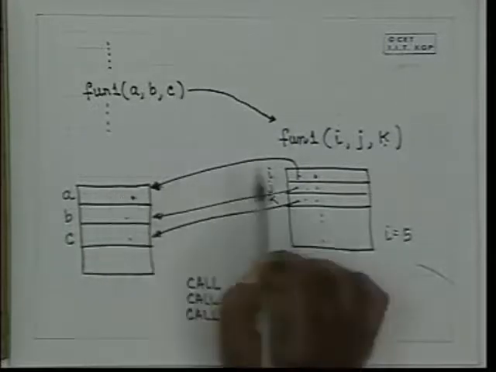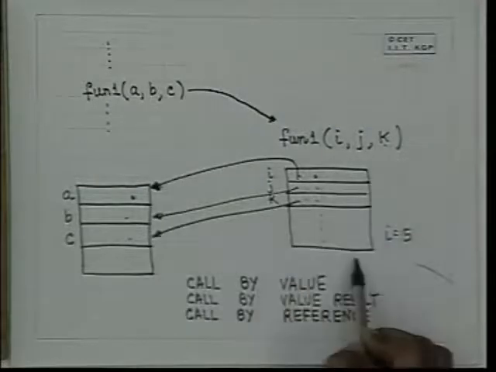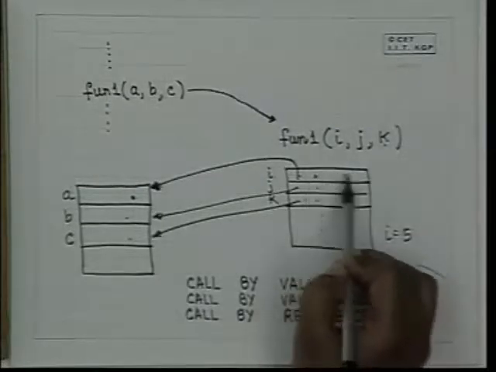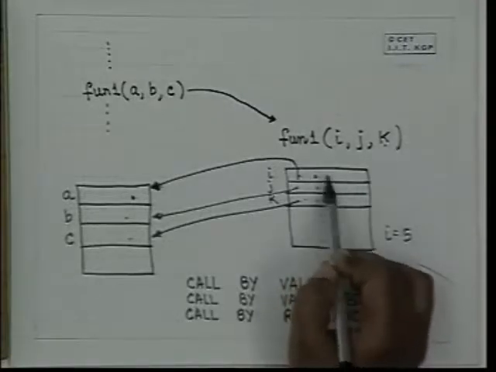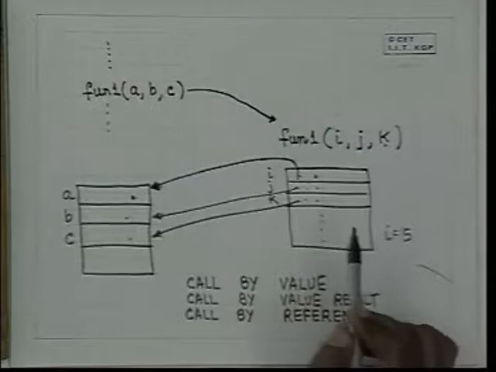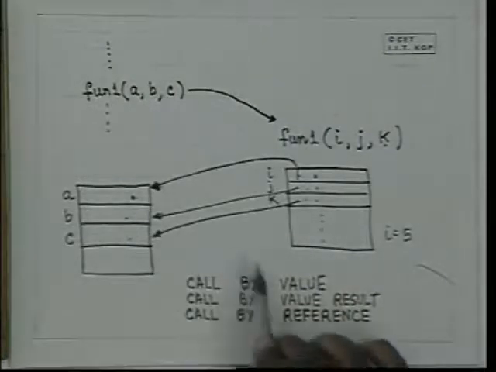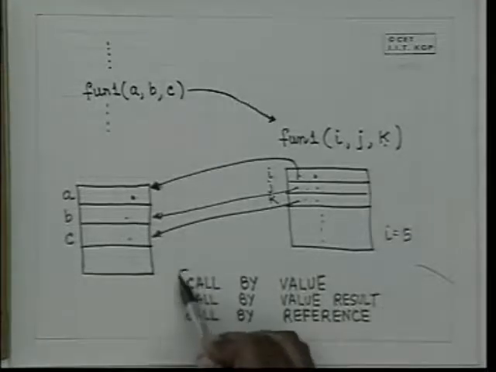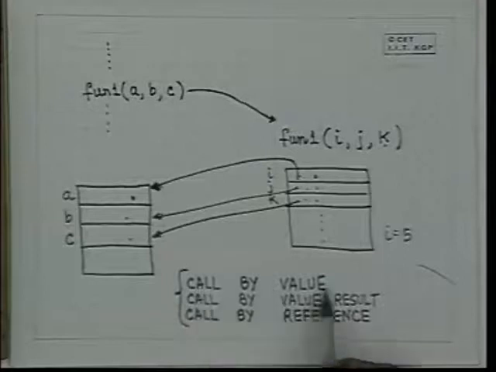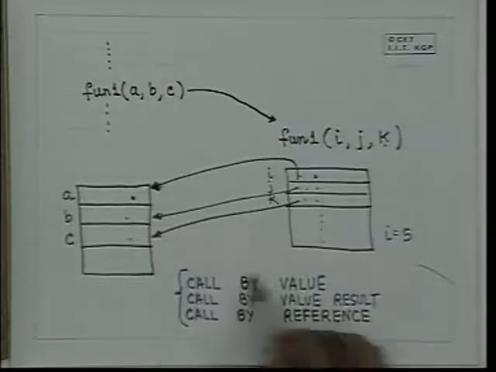So if you want to change something in i in the function here, it uses the content of this, it modifies the content of the address, which is something called indirect addressing, but this is what is called call by reference. There are other ways of parameter passing like call by name and others, but we will now concentrate on call by value, call by value result, and call by reference. And C language uses call by value.